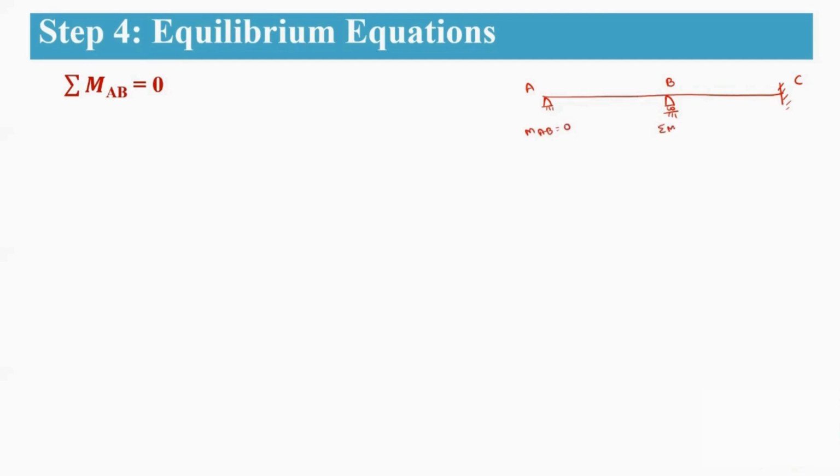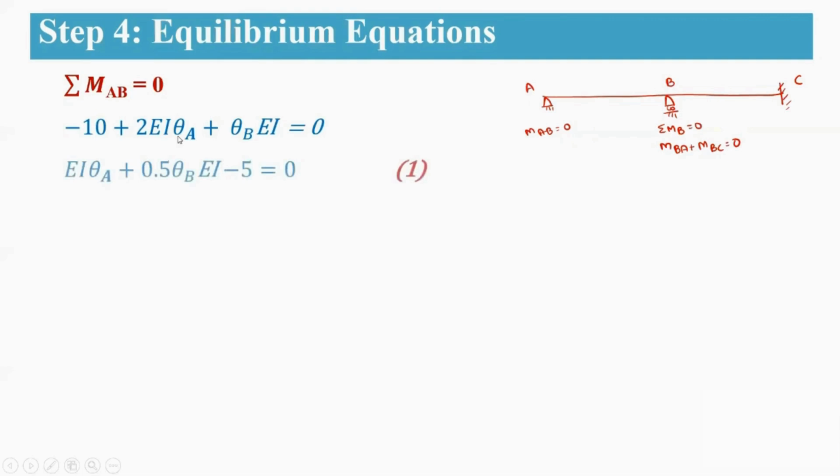And here this is a joint equilibrium condition, that is sigma MB will be equal to 0. So that means MBA plus MBC will be equal to 0. So this is the next support. Okay. So by using MAB equal to 0, you are using the equation, and this is equation 1 by simplifying.